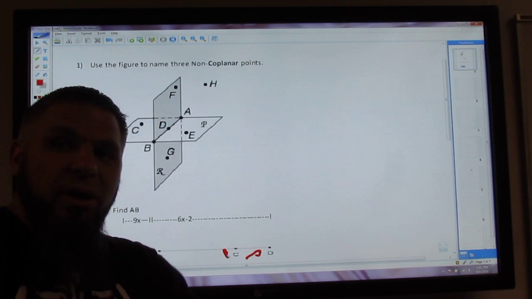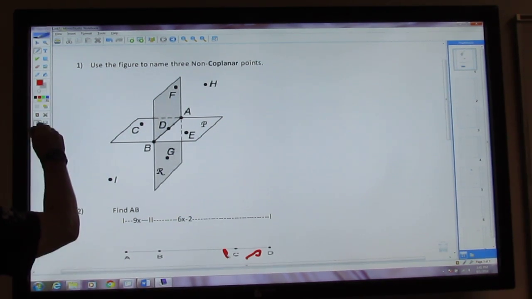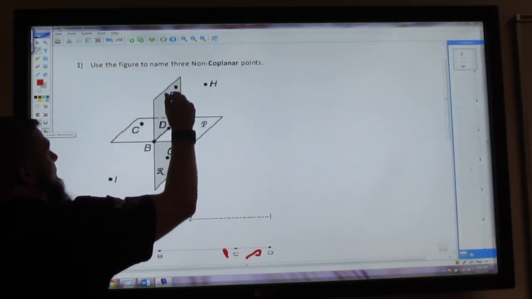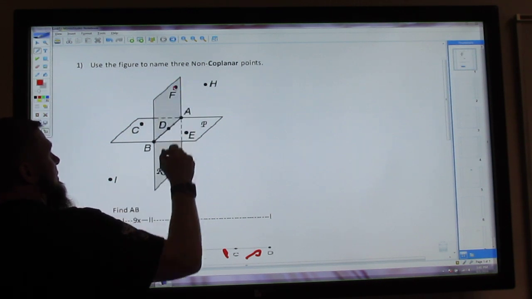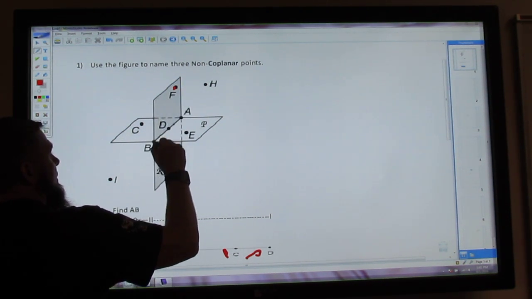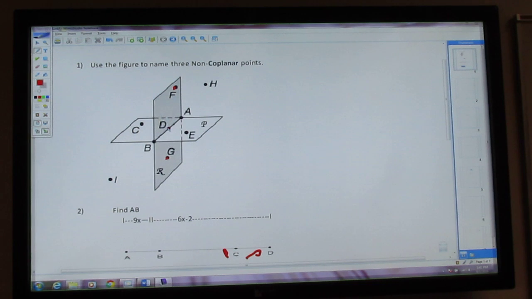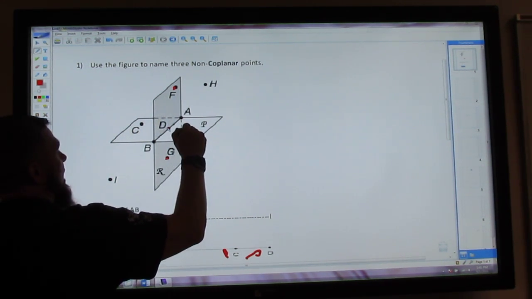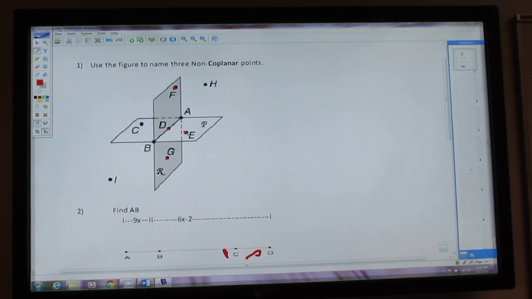Now, if I want to find non-coplanar, I need to find 3 points that are on one plane and one off of the plane. So I take 3 points, say 1, 2, 3, that are on the gray plane, and I take one that's off of the gray plane. Those would be 4 non-coplanar points.